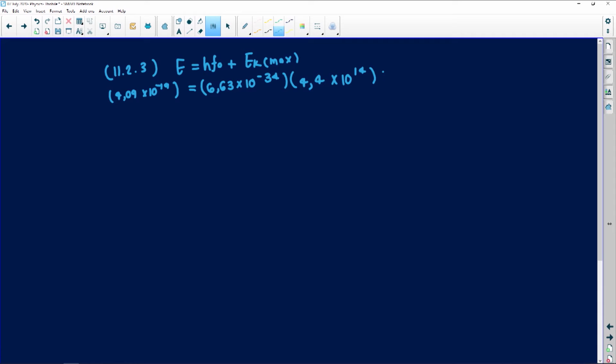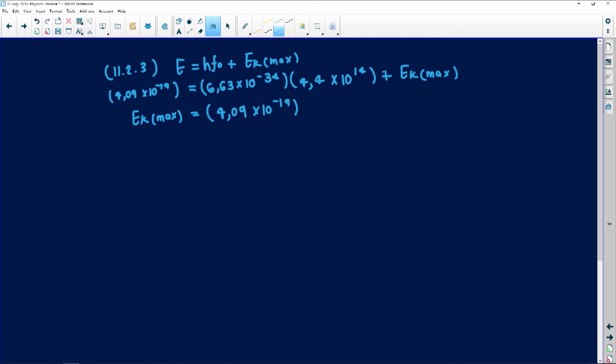But the question says I'm looking for my EK max. I'm looking for my kinetic energy. So now it's just mathematics. I'm going to make EK the subject of the formula. So I'm going to move it to this side of my equation, EK max, and leave this on that side. So I'm going to have 4.09 times 10 to the negative 19.